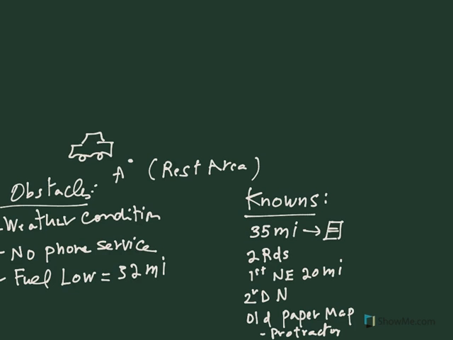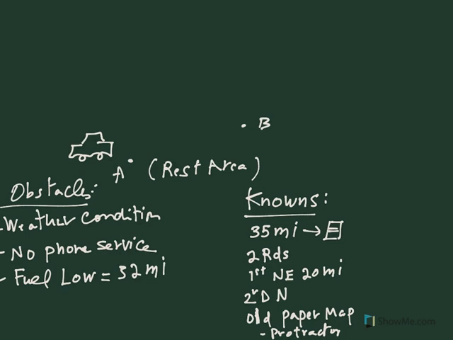But he doesn't know the angle, so he used his old paper map, compared that road, and used the protractor to determine the angle of this road. And so he selected another point, point B, which is the end of this road.